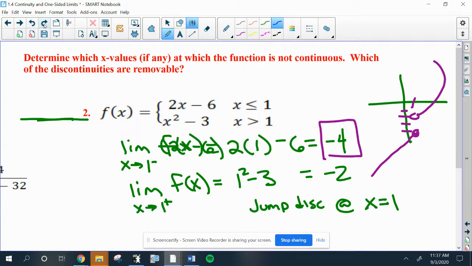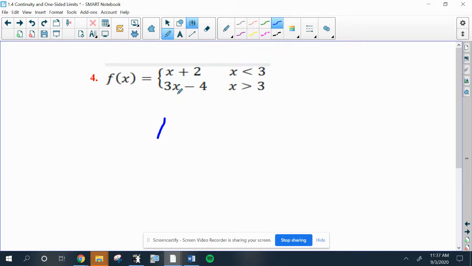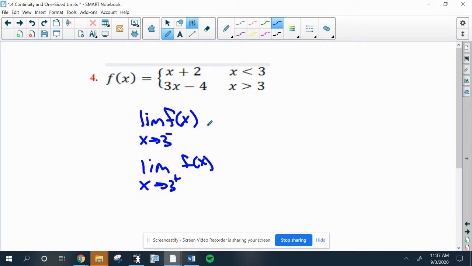I'm going to do the same thing that I've been doing. Find the limit of this function as x approaches 3 from the left, and then find the limit of this function as x approaches 3 from the right. And then determine if there's a discontinuity or not.